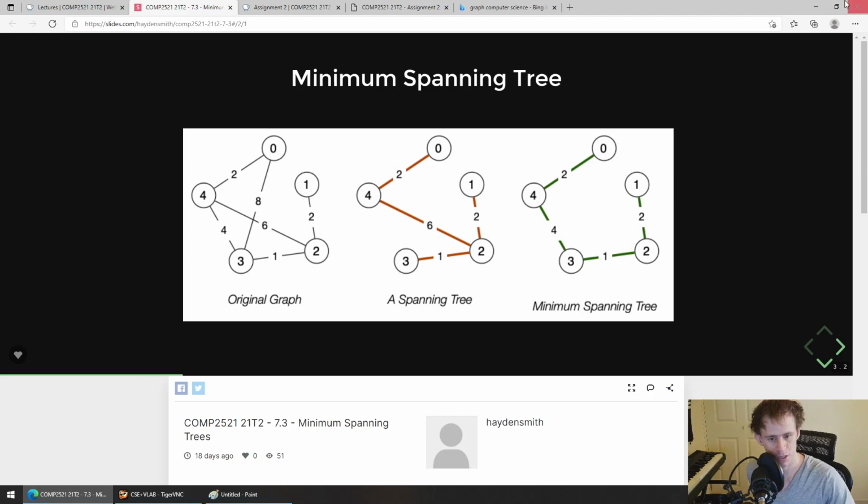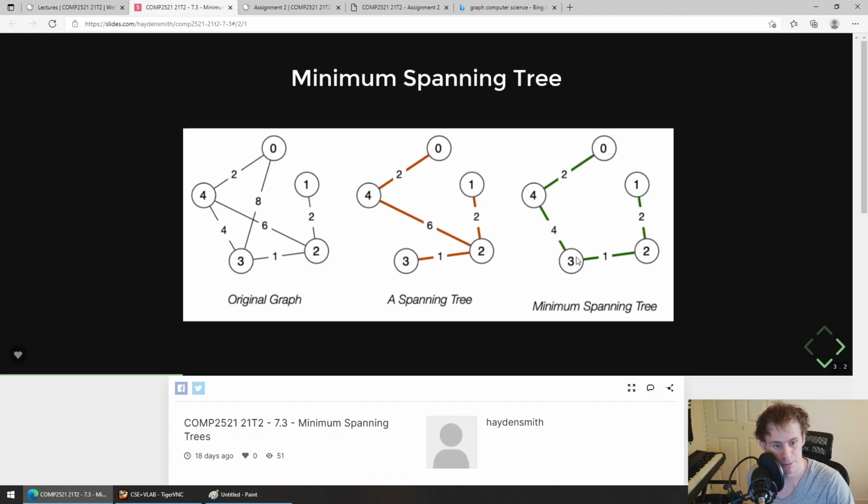So a quick example of what the definitions were: if we have an original graph like this with 5 nodes and 6 edges, and we want to find a spanning tree, well, a spanning tree again is any connected subgraph that has no cycles that connects all vertices, right? Like 1, 2, 3, 4, 5, like that. A minimum spanning tree is a form of spanning tree where the edge weights are minimal.